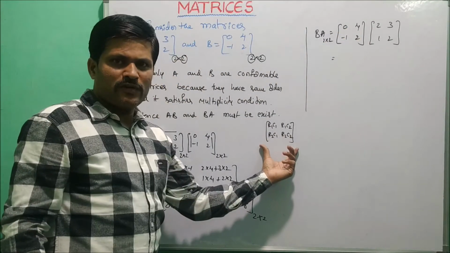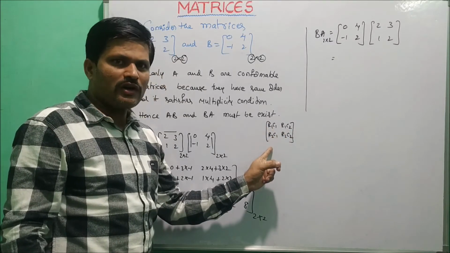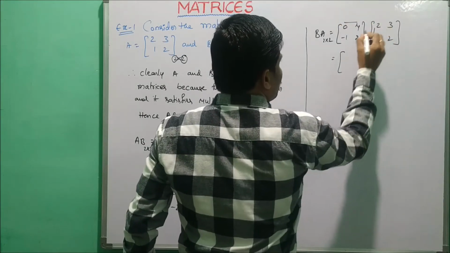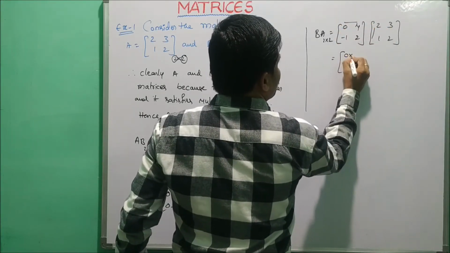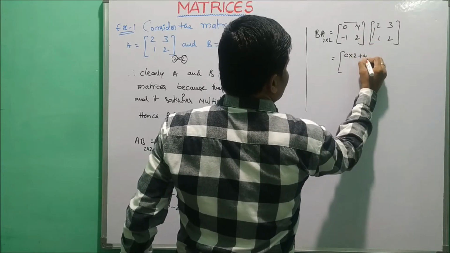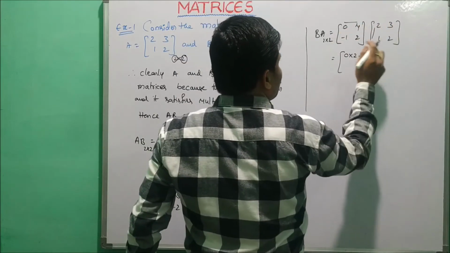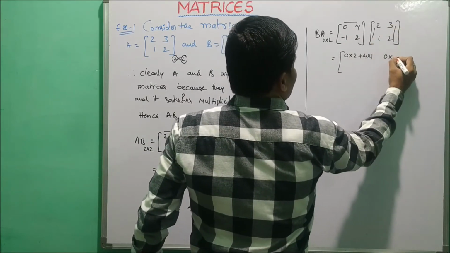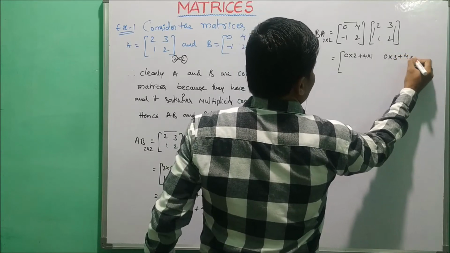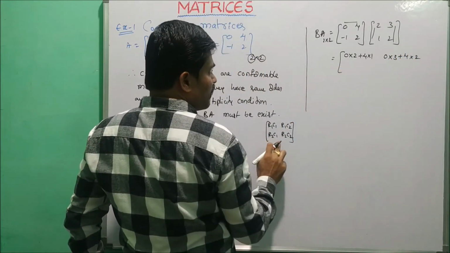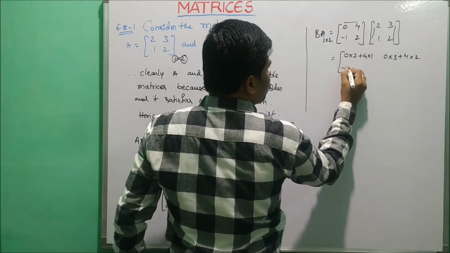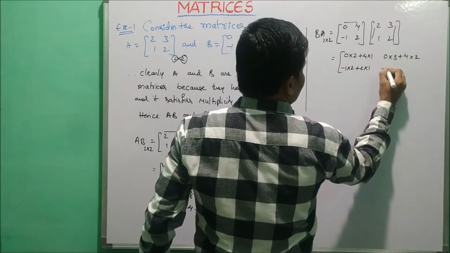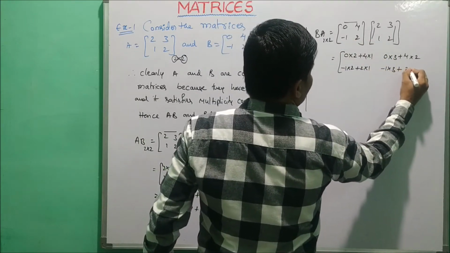Using the same procedure, R1C1, R1C2, R2C1, R2C2: first row, first column, 0 into 2 plus 4 into 1. First row, second column, 0 into 3 plus 4 into 2. Similarly, R2C1, second row, first column, -1 into 2 plus 2 into 1. R2C2, -1 into 3 plus 2 into 2.